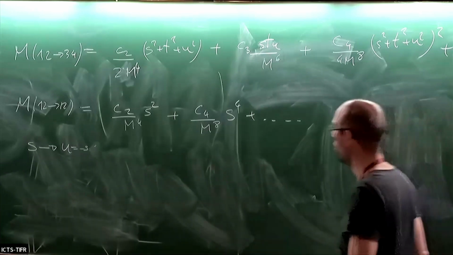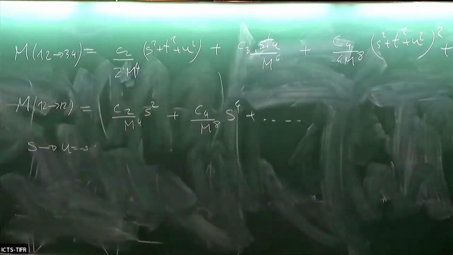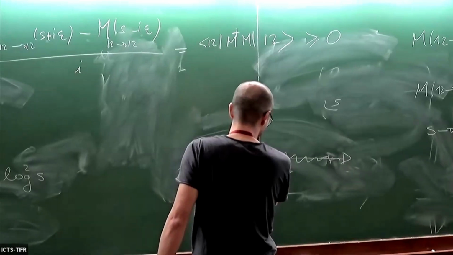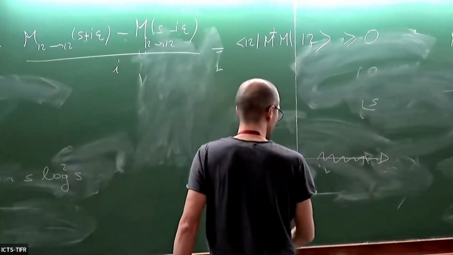Okay, so let's use now analyticity. We know that the amplitude, let's draw it here in the complex s plane, is analytic here, and analytic here. In this case the cut may be closed, but let's open it maybe with a little mass, and close it at the end.